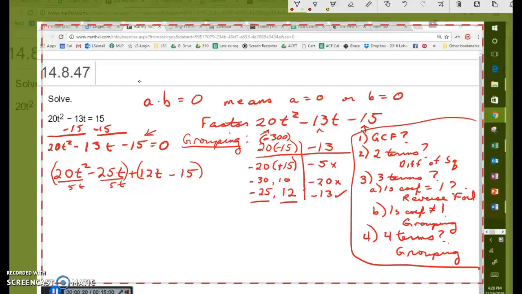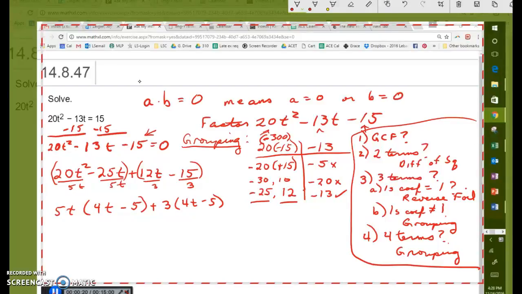So first you write your 5t, and then parentheses, 20 divided by 5 is 4, t squared divided by t is t, and then minus, and 25 divided by 5 is 5, and the t's cancel. So our first term is 5t times 4t minus 5, and then in the last parentheses, we have a 3 in common, so we're going to pull out a 3, and that leaves us with 4t minus 5.